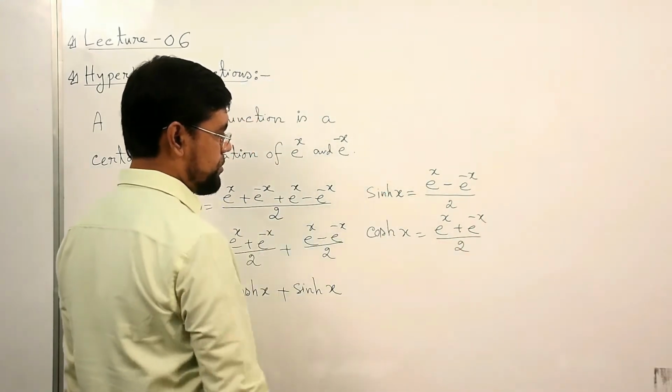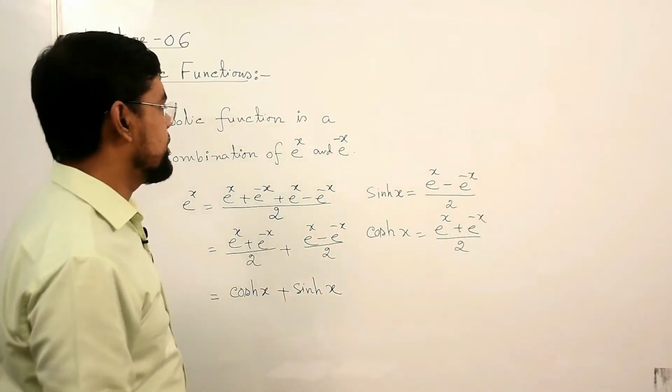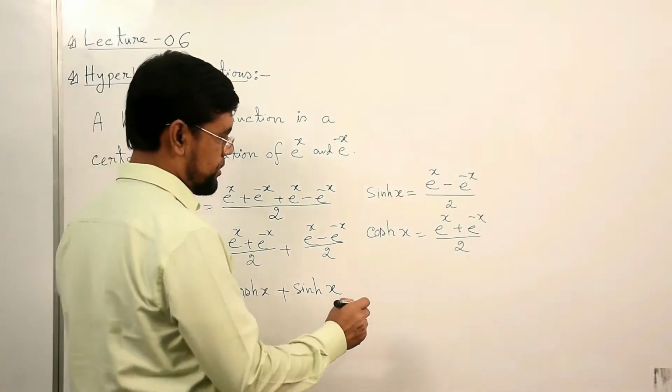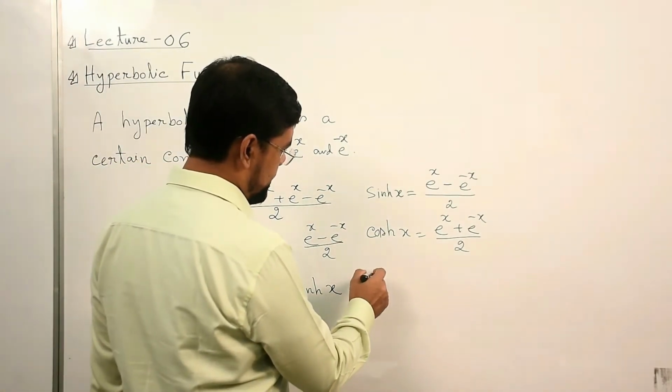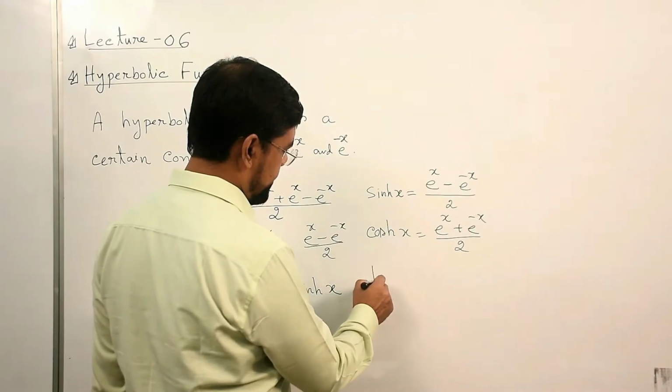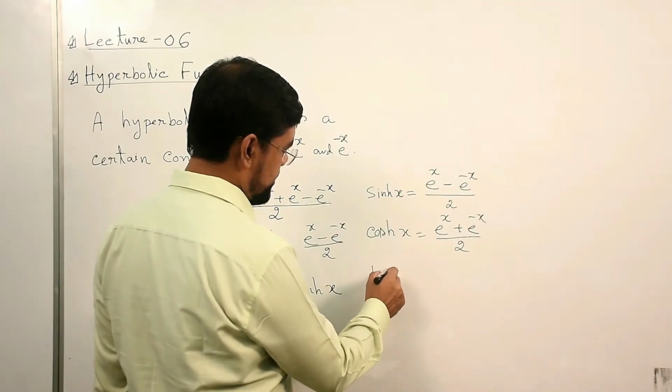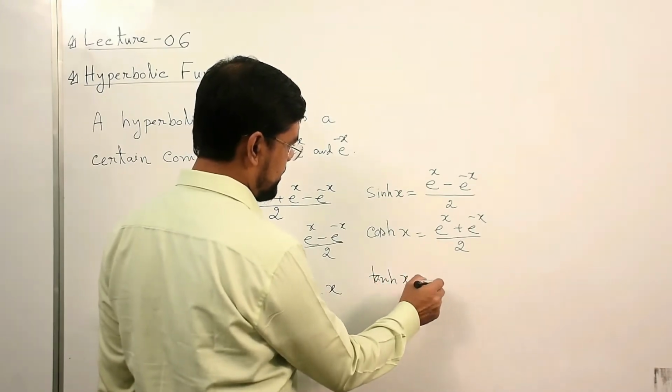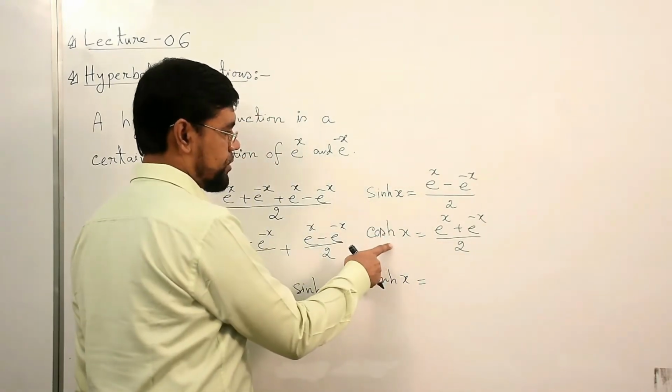So from these two definitions you can define other hyperbolic functions like tangent hyperbolic of x equal sine divided by cos.